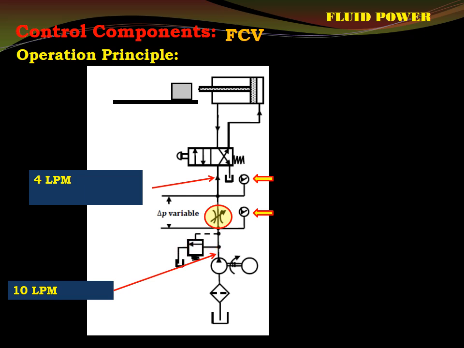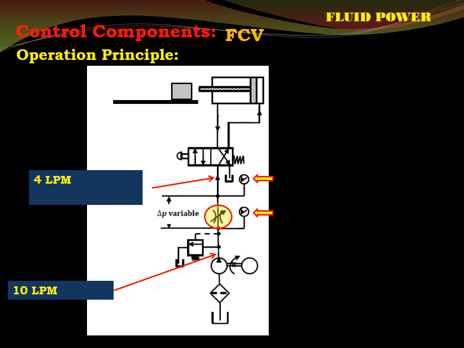That means the moment we put some restriction, we control the area of the orifice, at that very moment the PRV will get activated.